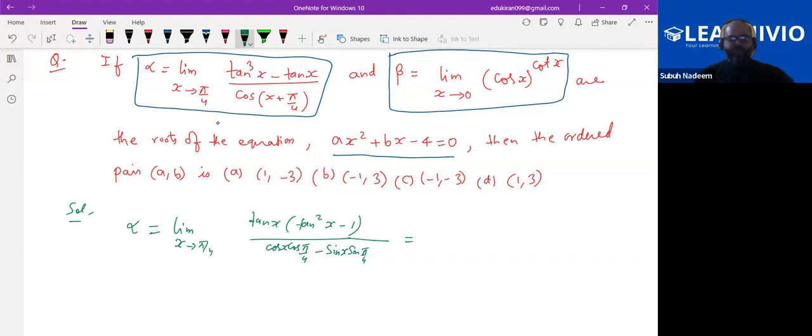And cos pi by 4 is 1 by root 2, sin pi by 4 is also 1 by root 2. So this will become root 2 in the numerator. So root 2 limit x approaching pi by 4 of tan x into tan square x minus 1 by cos x minus sin x. First, this is the simplification. Then how will you proceed further?